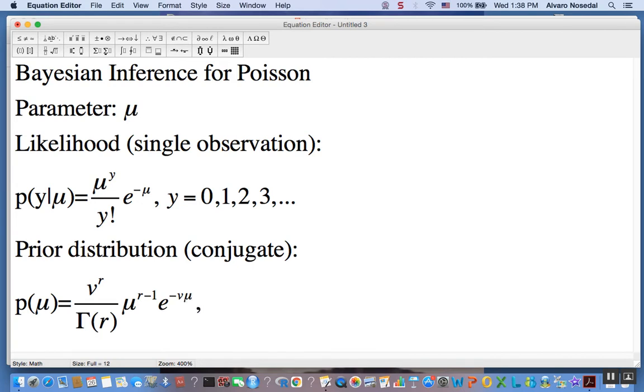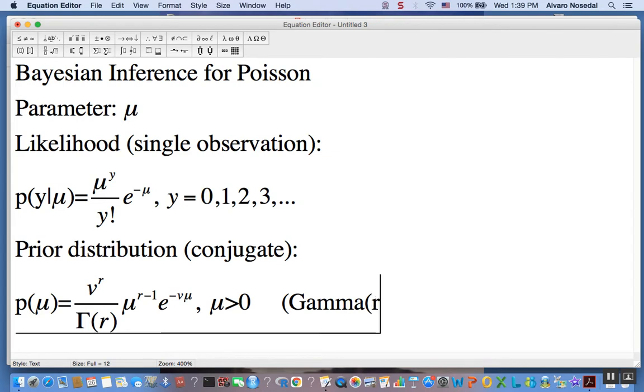And the support for that gamma is that we need those mu's to be positive. You could include 0 as well, but anyway. So the one that we are considering here is a gamma with parameters r and v, and this is the PDF used in your textbook.